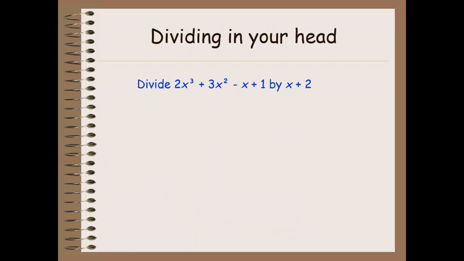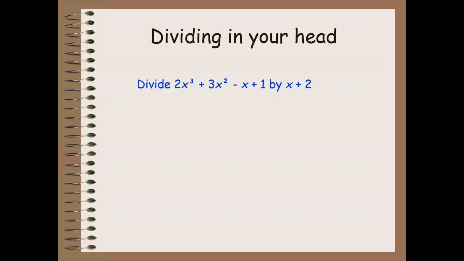Now, the next method is something you are doing already as you are doing the long division. You are dividing these in your head, but how can we put somewhat of a concept, a step-by-step way of how we should train our brains to do this in your head?